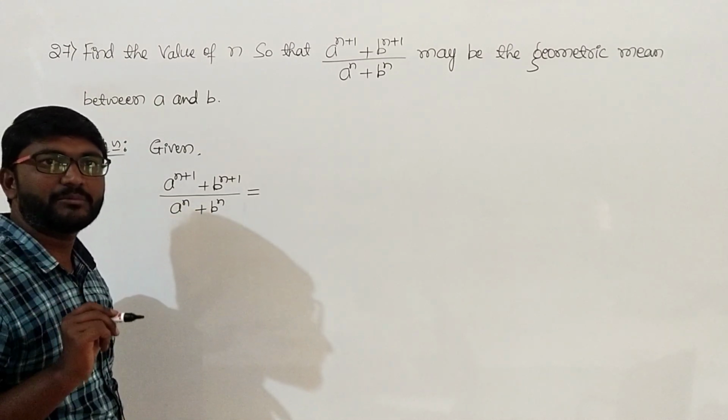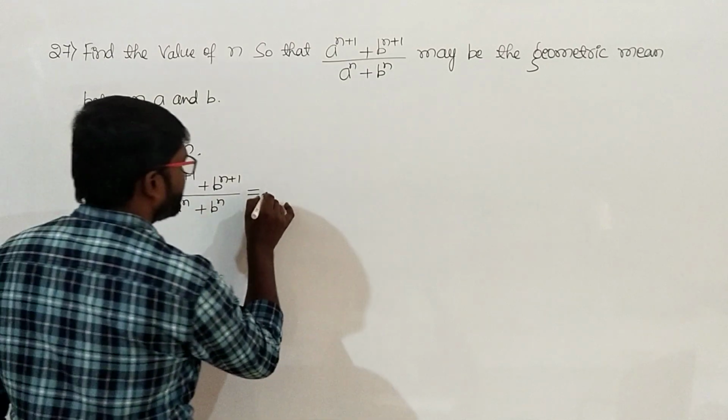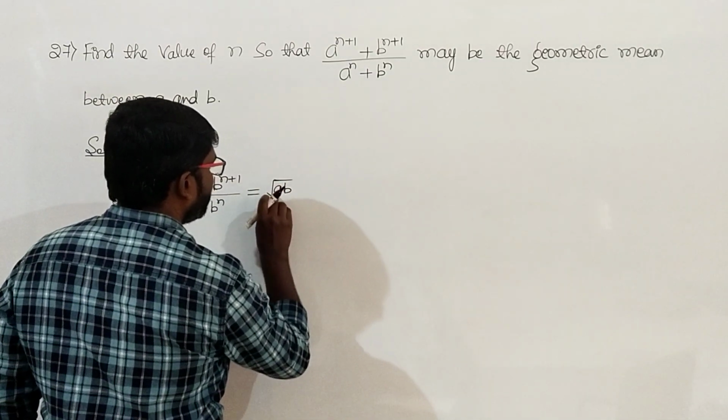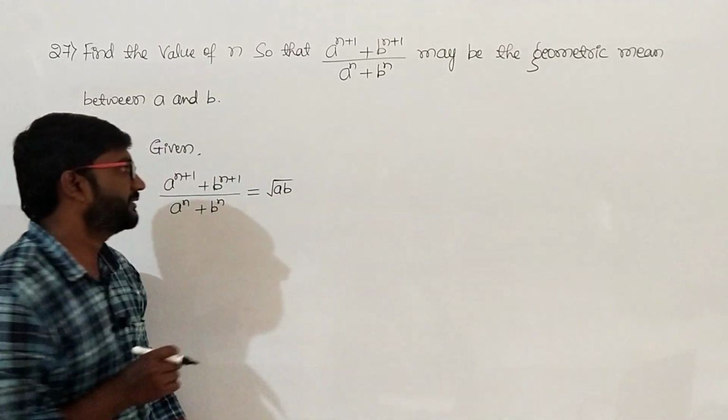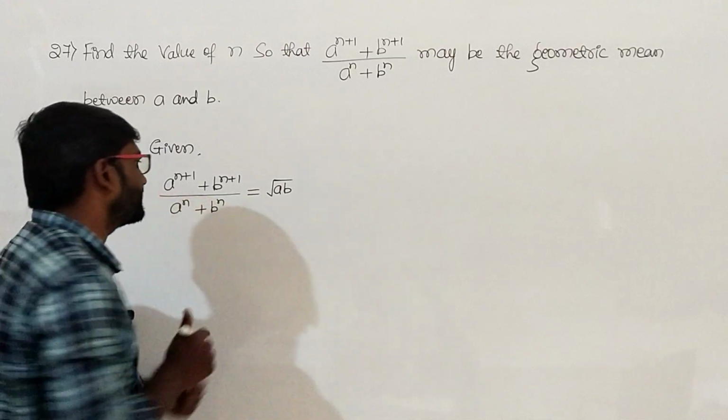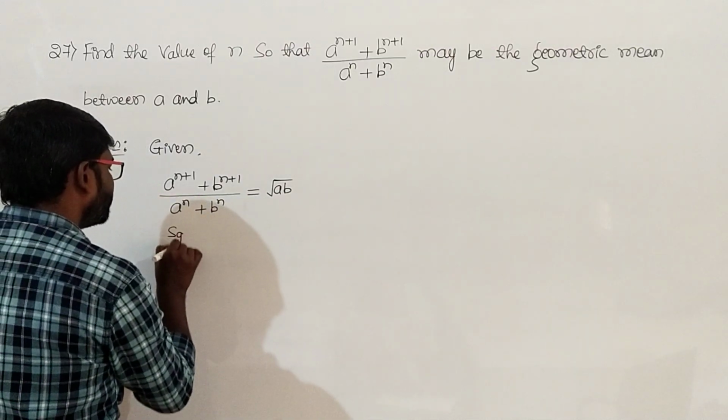GM of the two numbers is square root of ab. Now we will have to simplify this. To eliminate the square root, we have to square on both sides. Squaring on both sides.